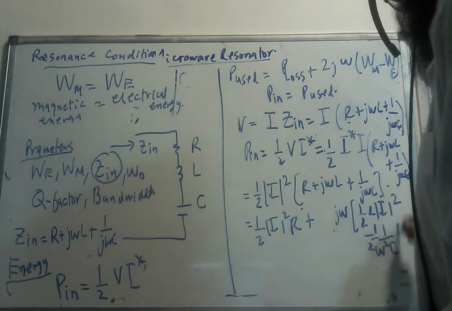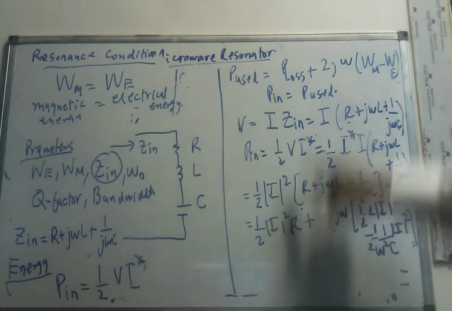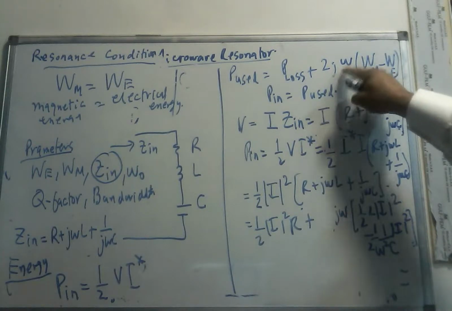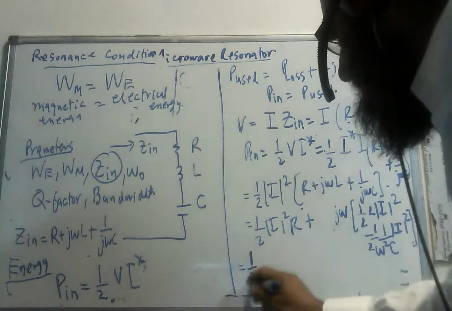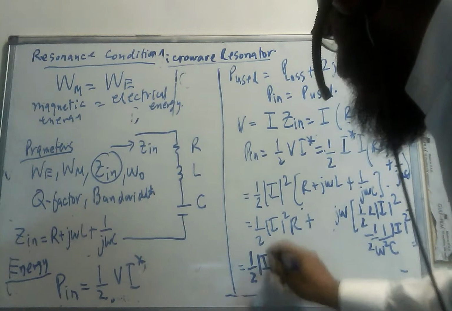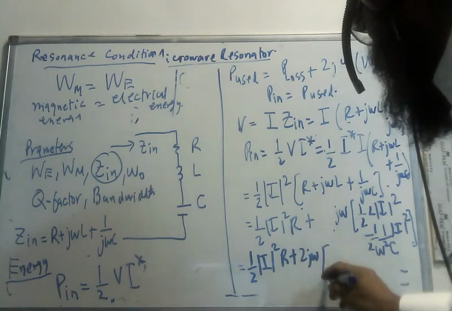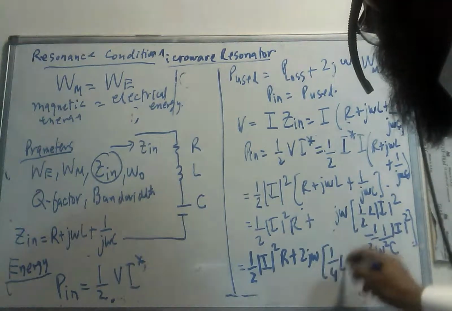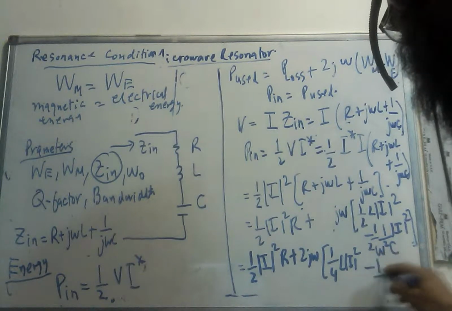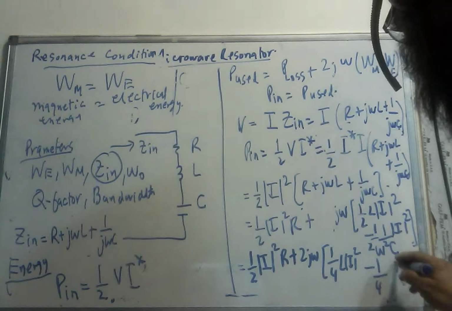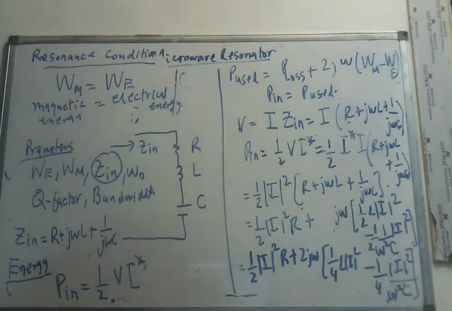So 1 over 2 I square. Now, in order to make this equal to the general relation, I have a 2 j omega there, so I can take 2 common outside. So it will be 1 over 2 I square R plus 2 j omega, and I have 1 over 4 L I square minus 1 over 4 I square divided by omega square C. So this is my power.